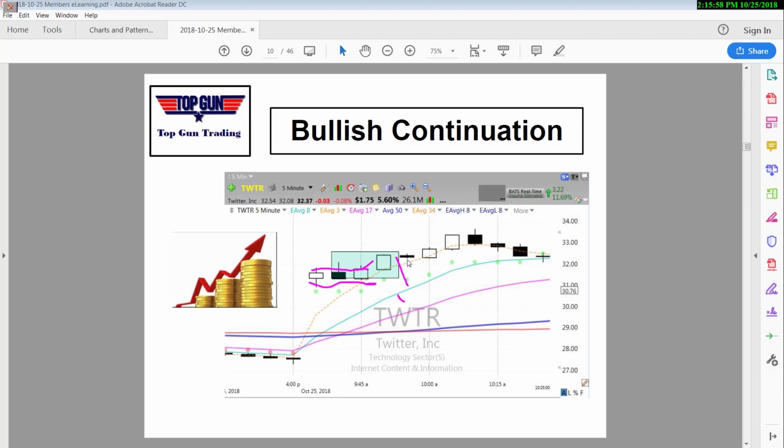No. If that pattern that I was looking for, a continuation pattern, was why I was getting in, and it goes back down to here, it is not a bullish continuation any longer. It may resolve itself to the upside, but it's not this pattern here. That's why I got in. So if that fails, if it's not doing what you expect, get out of Dodge.